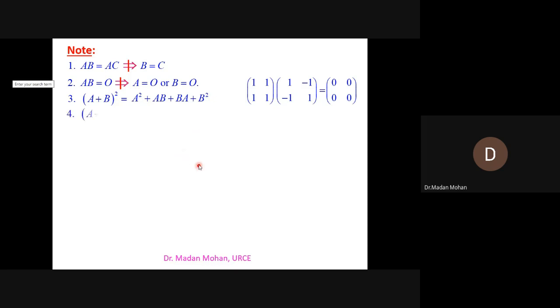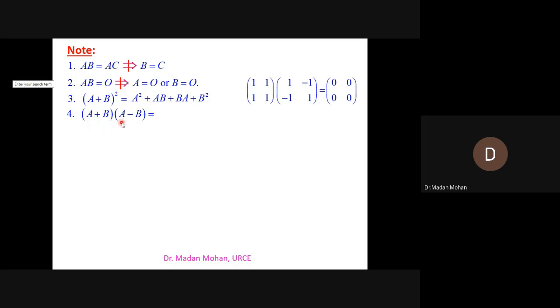Next. What is (A plus B) into (A minus B)? Please tell me. I think now you can tell. A and B are not numbers, they are matrices. What is the answer?